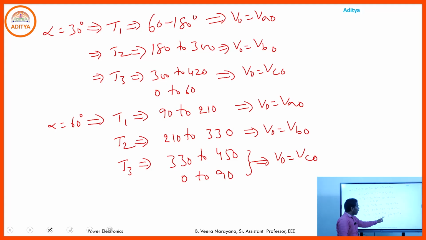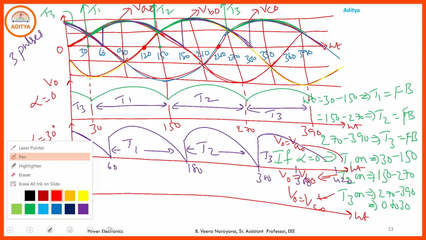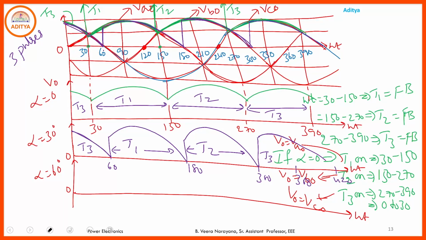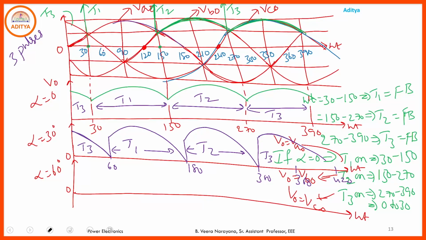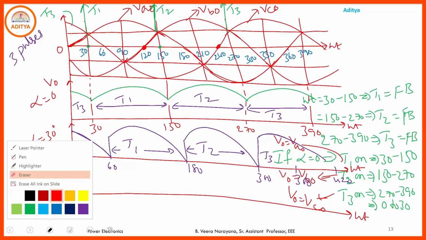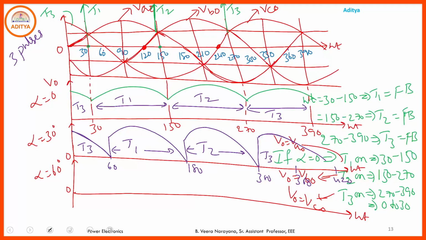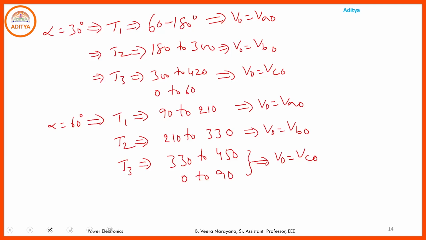But observe here, from 0 to 90 is the actual conduction of T3, but if you go through the source, from 0 to 90 you have the output voltage VC0.